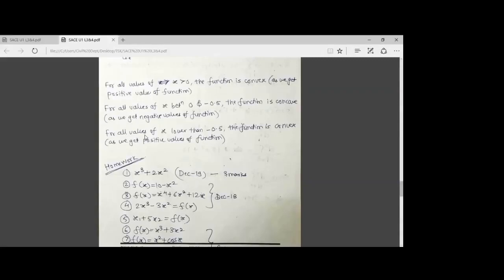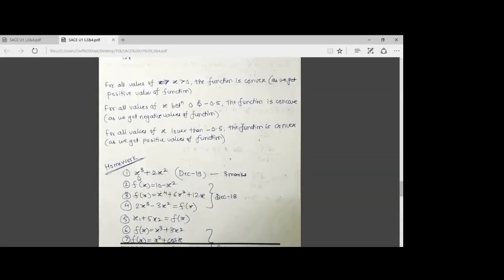Now, what we have seen up till now is how to decide whether a function is concave or convex. But as I told you in the last lecture, this criterion of deciding concavity and convexity holds good only if the function is a single variable function.